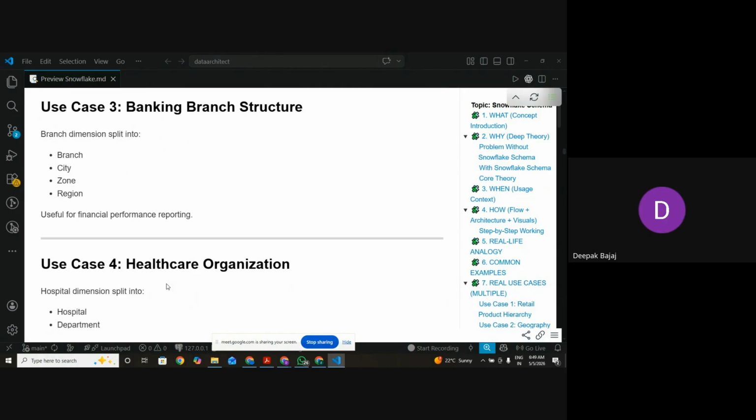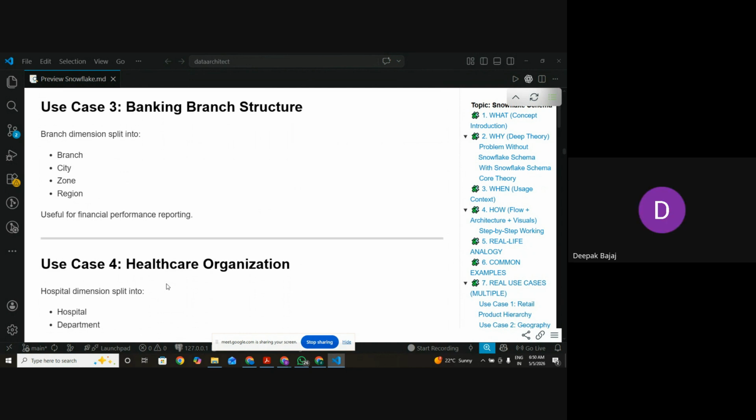So you can think, every organization has its own hierarchy. In a banking system, they have branches, am I right? And they have a regional head or branch head. The regional head will talk about North India, South India, and a country head is there.